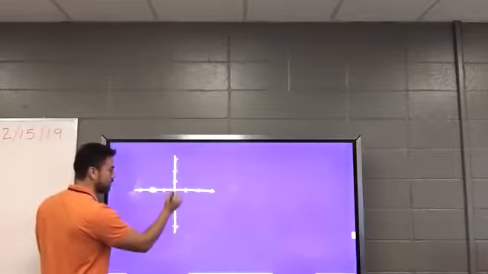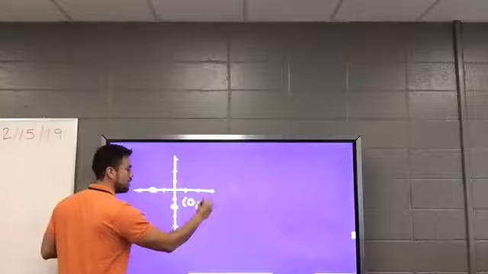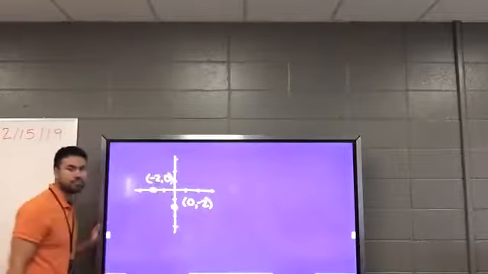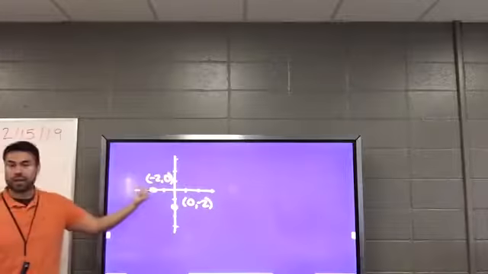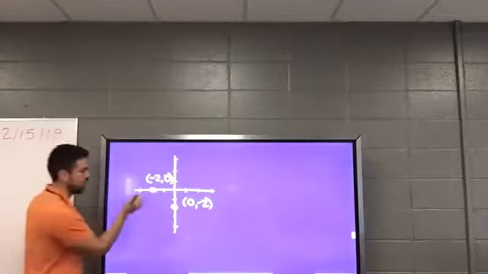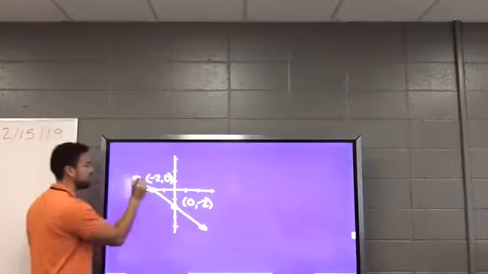So switch those around. 0, negative 2. Where would that go? 0, left to right, down 2. Got your second point. So this one right here was 0, negative 2. And this one was negative 2, 0. Are they the same thing? No, because of the position of those numbers. They're not the same thing. Go ahead and connect them. Get a line going there.